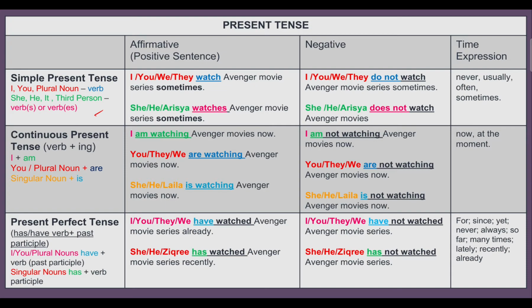So here are the rules of when you want to use simple present tense. So for plural and for you and I, okay, you are going to use the root form of the verb, as you can see here. And then for singular nouns, okay, you are going to add on the verb s or es, depending on the verb itself.